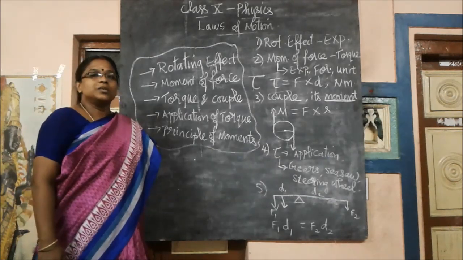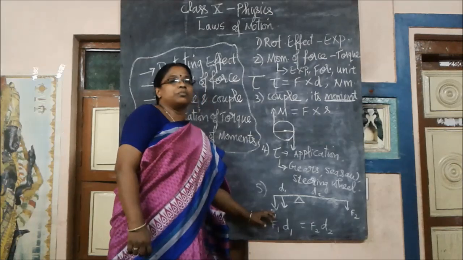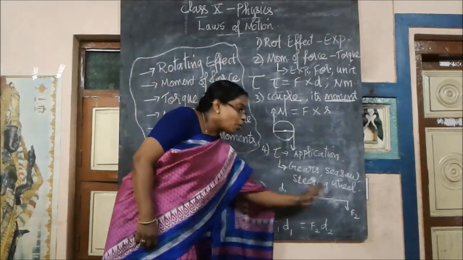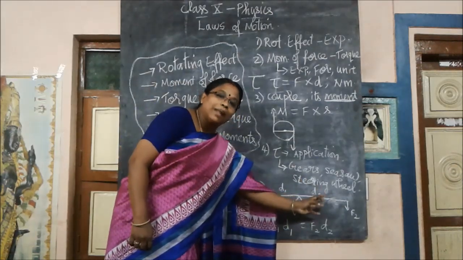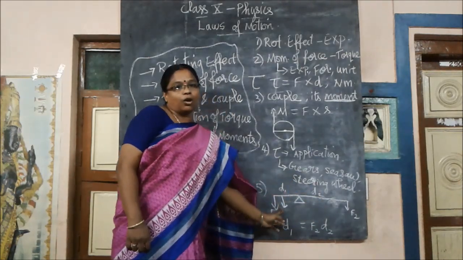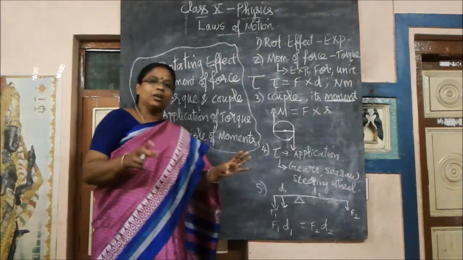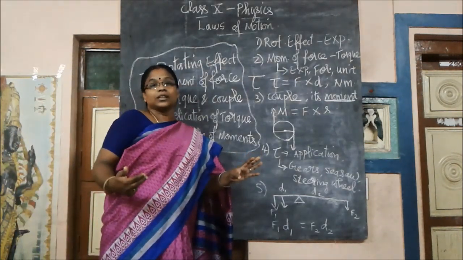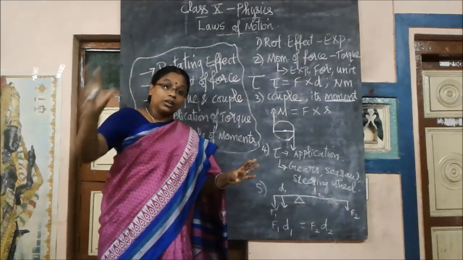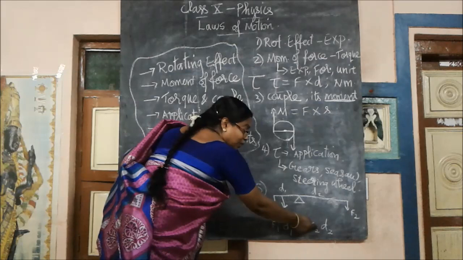So what is the principle of moments statement? The algebraic sum of clockwise moments applied on a body is equal to the sum of anti-clockwise moments produced on the body. If they are equal, automatically what is another statement? The total algebraic sum. Here you can see F1 D1 is equal to F2 D2.